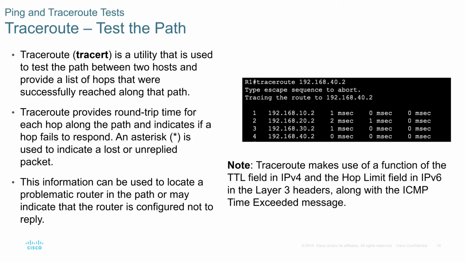Traceroute provides round-trip time for each hop along the path and indicates if a hop fails to respond. An asterisk is used to indicate a lost or unreplied packet. The information can be used to locate a problematic router in the path or may indicate that the router is configured not to reply.